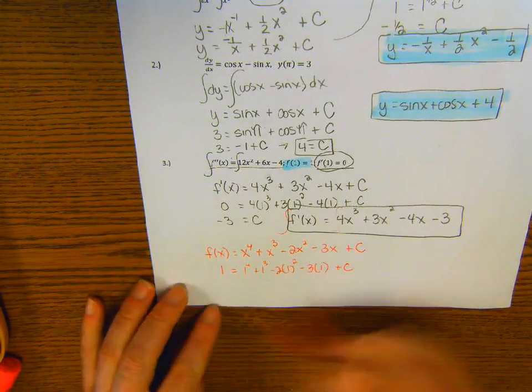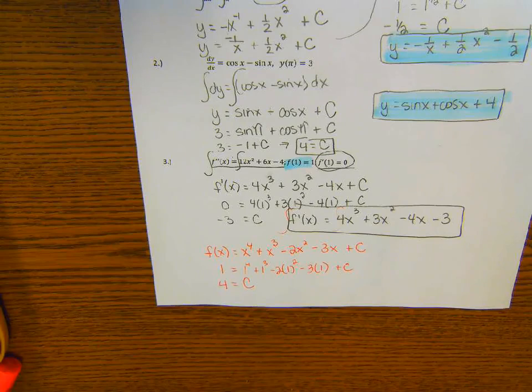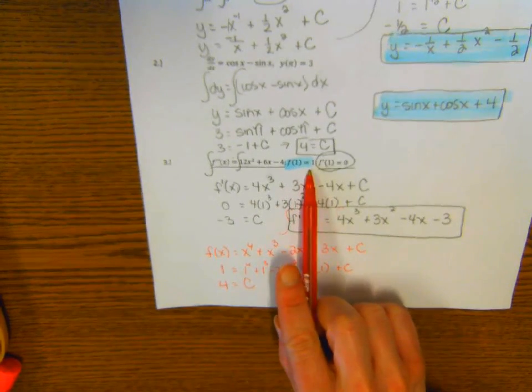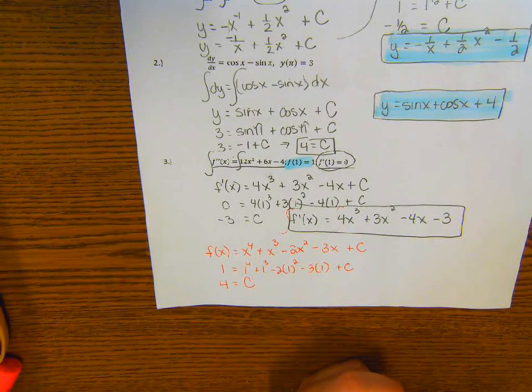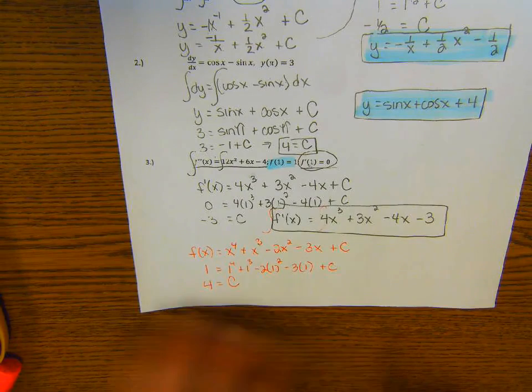It's 3. I have f of 1 is 1. Okay, are you following?